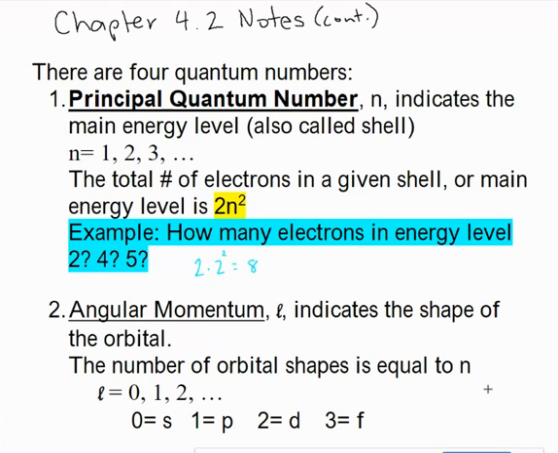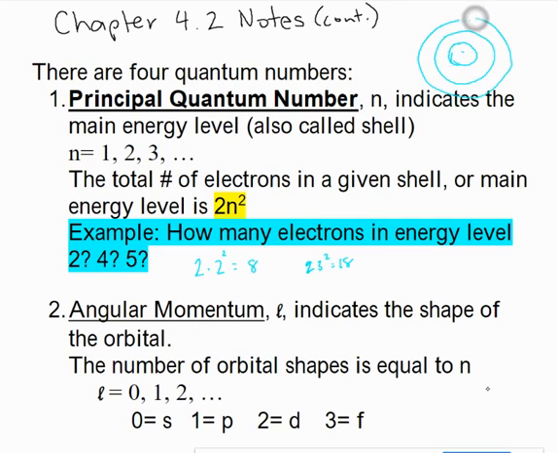So remember we said it goes 2 fit in the first energy level, followed by 8, and then energy level 3 would be 3 squared times 2, which is 9 times 2, which is 18. 18 electrons fit in the third energy level.